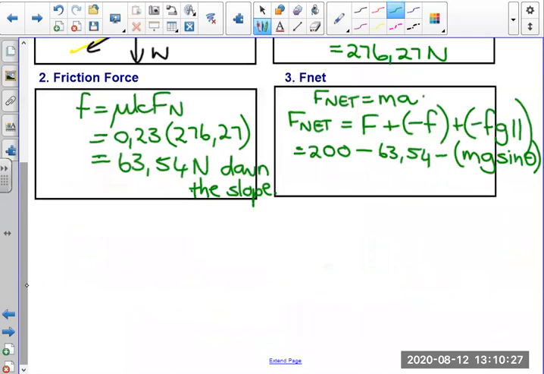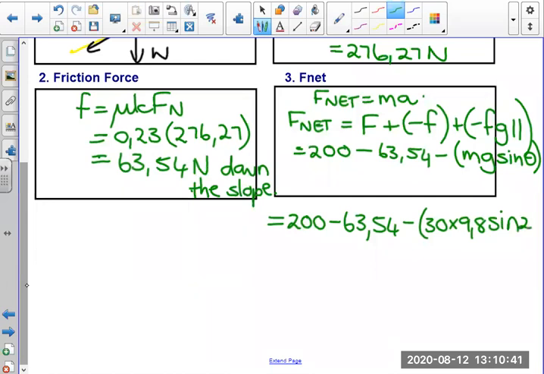So when I substitute it in, I'm going to say 200 minus 63,54, and then minus 30, which is the mass, times 9,8 sine 20. And when we work this out, we get at the end the net force as 35,91 newtons. 35,91 newtons, as you can see it there.